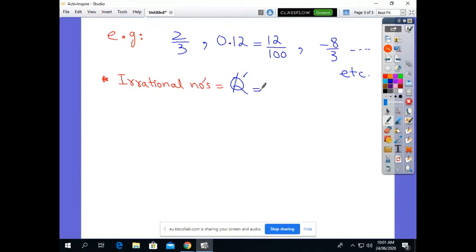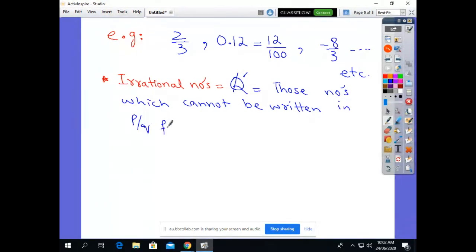Irrational numbers are defined as those numbers which cannot be written in P over Q form. Those numbers which cannot be written in P over Q form are called irrational numbers or a set of irrational numbers.